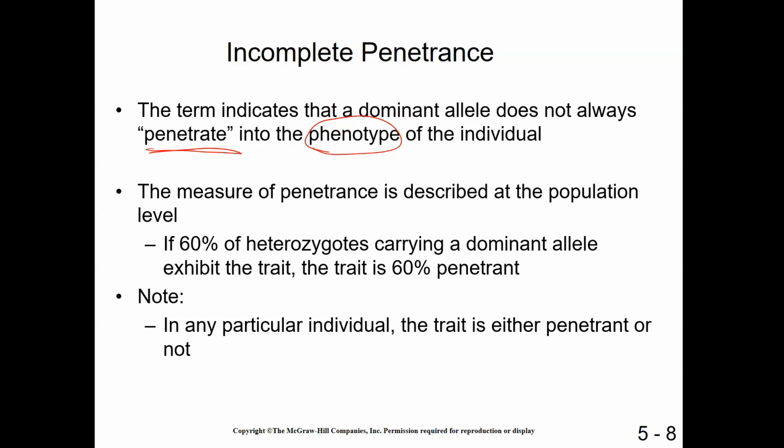So an example of this, a measurement could be if you have 60% of heterozygous individuals, obviously carrying the dominant allele because they're heterozygous, right? Big A, little a. 60% of them exhibit the trait. Therefore, you have 60% penetrance of that given trait, of that dominant allele.